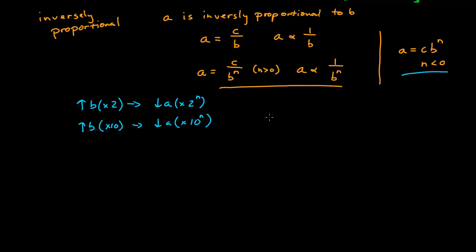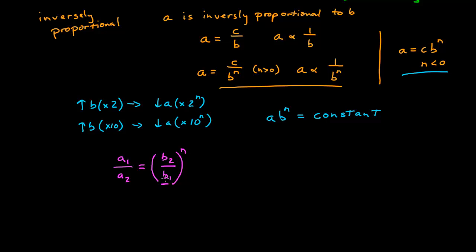So if I want to look at relationships, I can say that A, B to the n is equal to some constant. Again, if I want to look at it in terms of ratios, I would say that A1 over A2 is equal to B2 over B1 to the n.